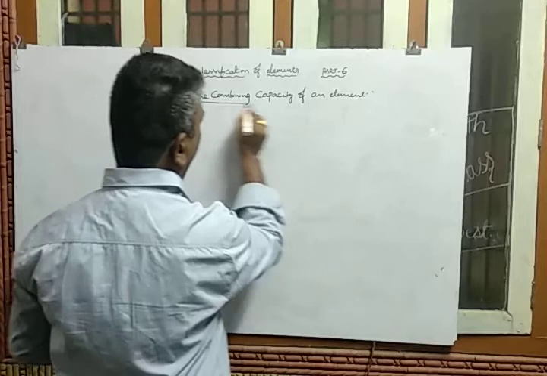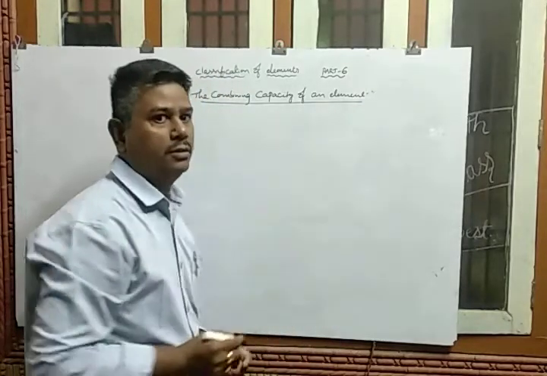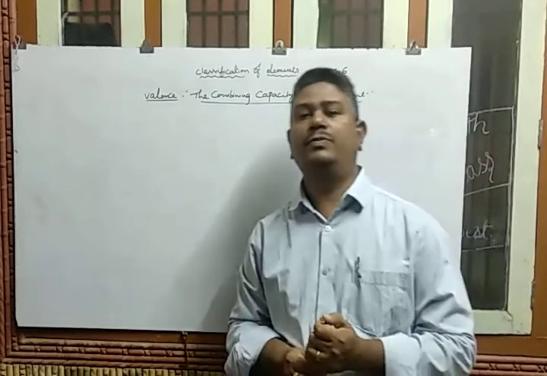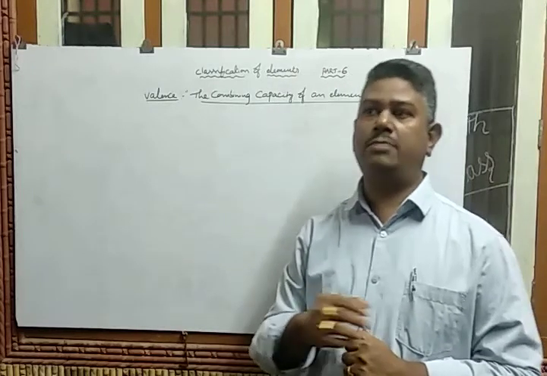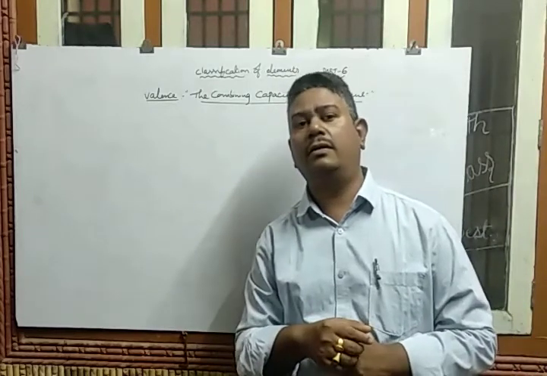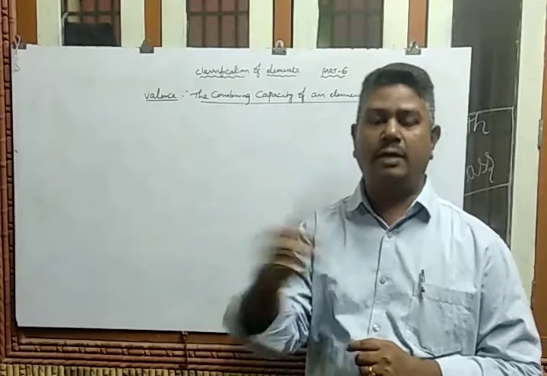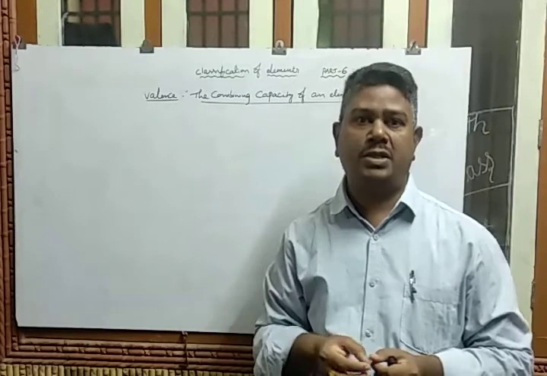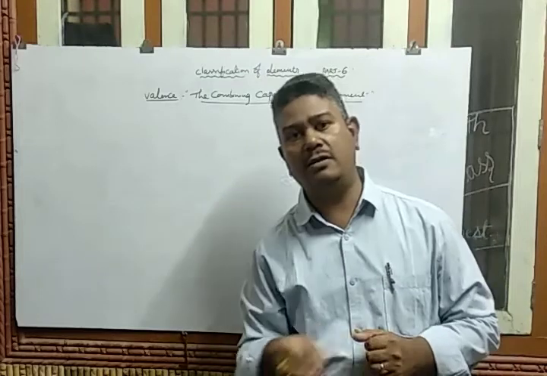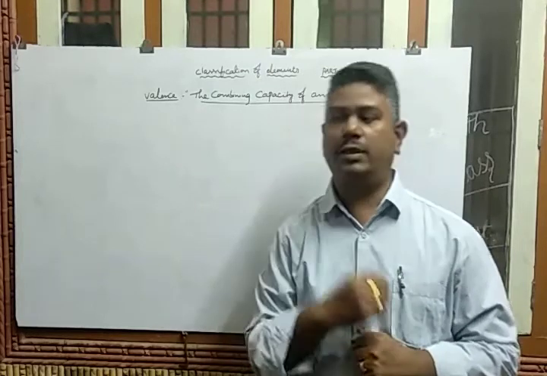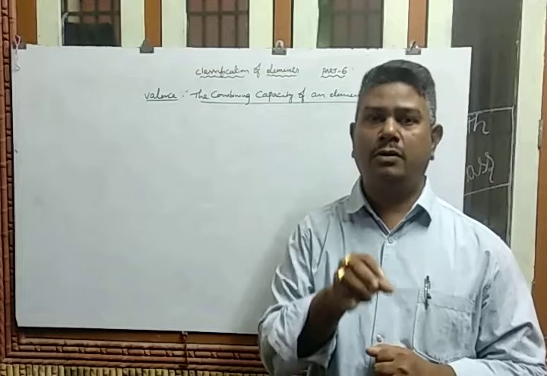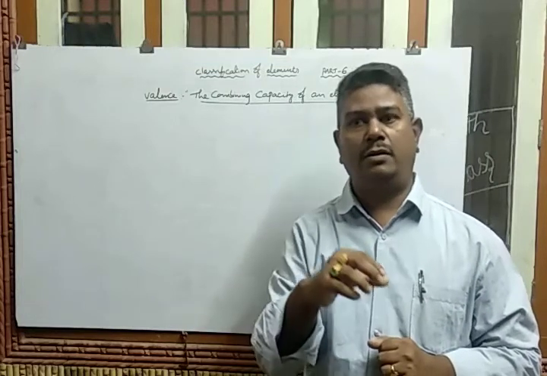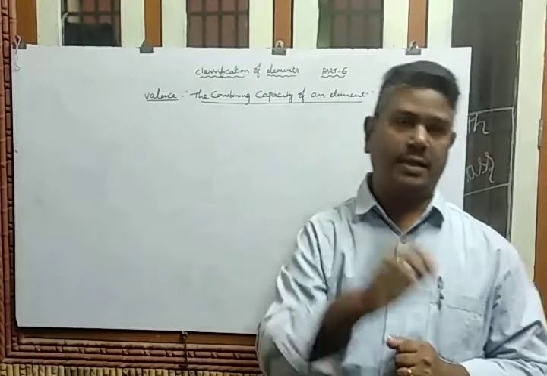The combining capacity of an element is called which one? Valency. So valency means the element combines with other elements. How many elements it combines with, such tendency is called its valency. Before that, we discuss what valency electrons are and how the valency is calculated.